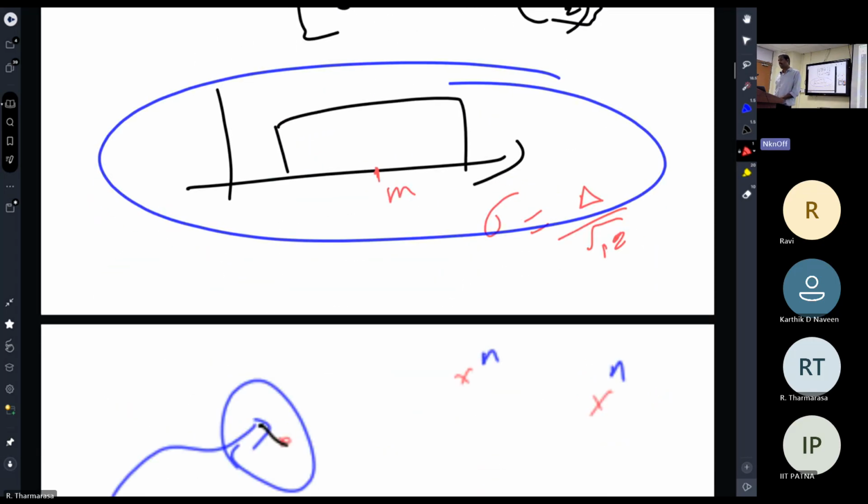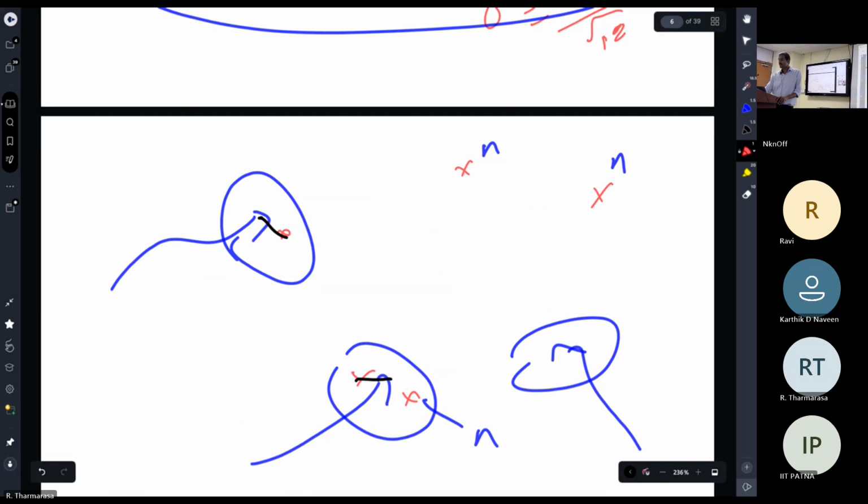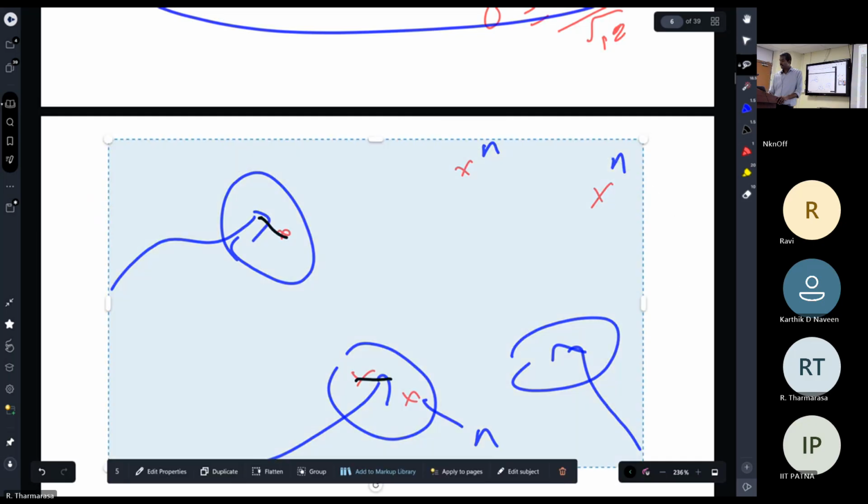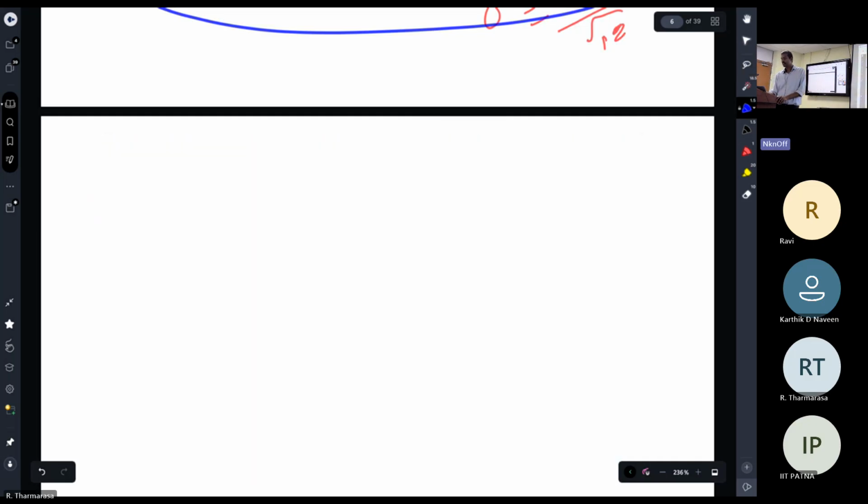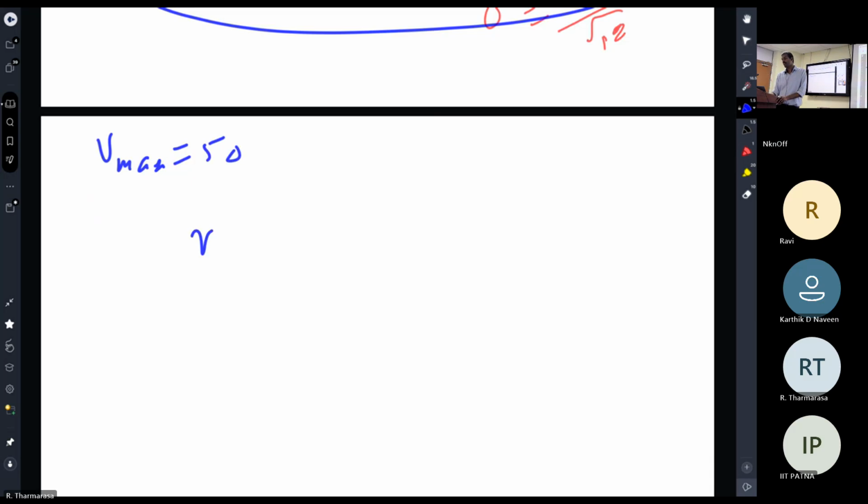Okay, let's see. If the V max is 50, what are the possible values of V? We can take minus 50 to 50. Are you okay with that? It can be on the negative side as well, or positive side.